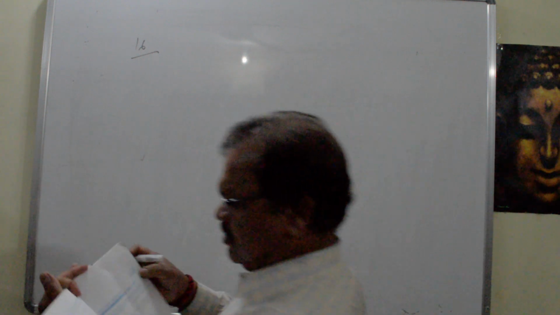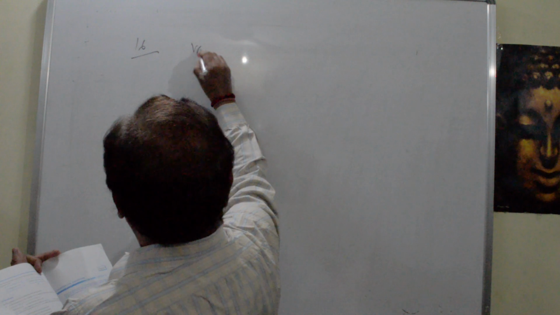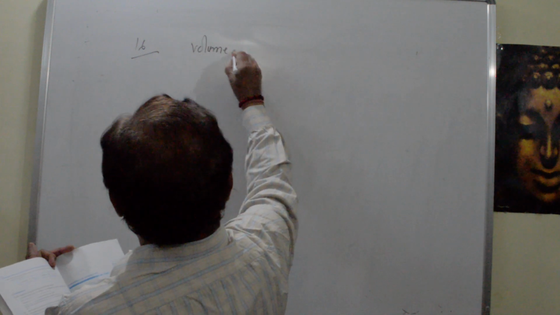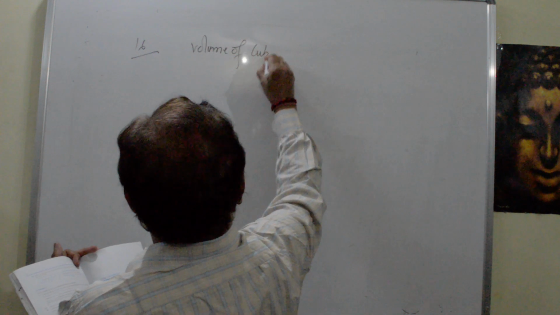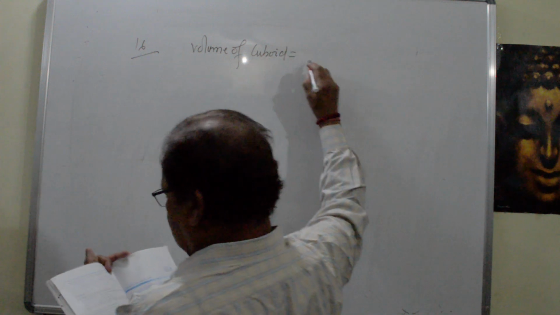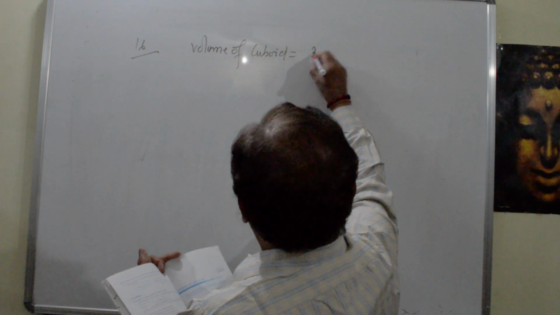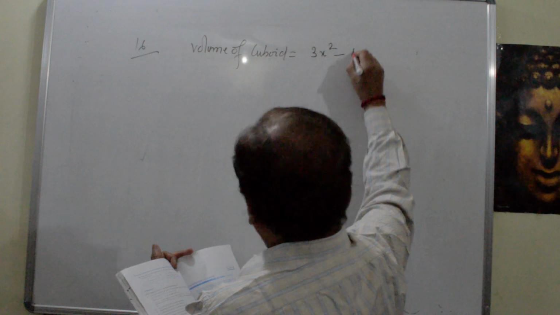So in 16, the volume of the cuboid is given. This volume is 3x square minus 12x.